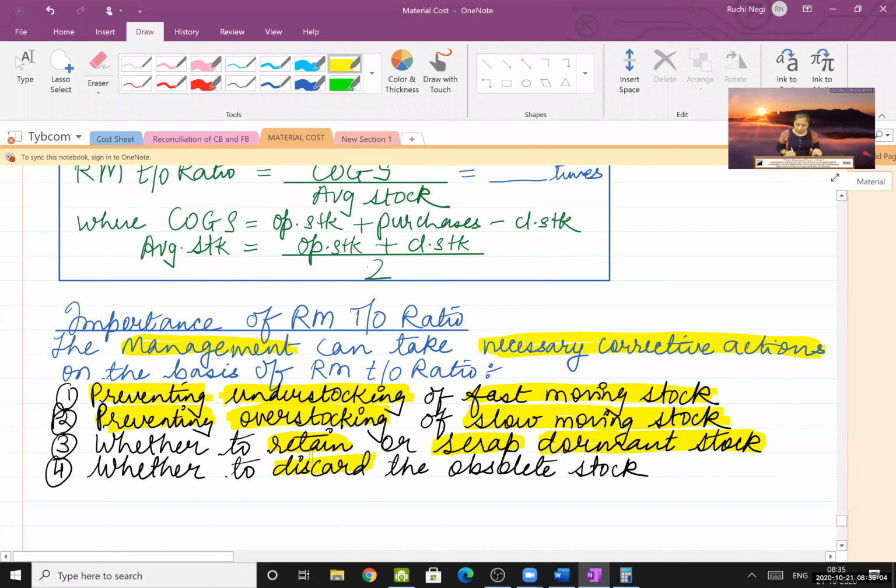And whether to discard obsolete stock. So these are the major decision making things from the end of the manufacturer, which are done on the basis of raw material turnover ratio.